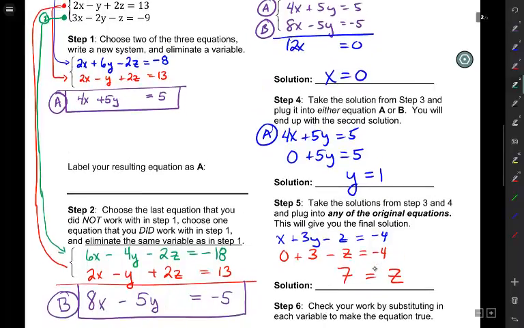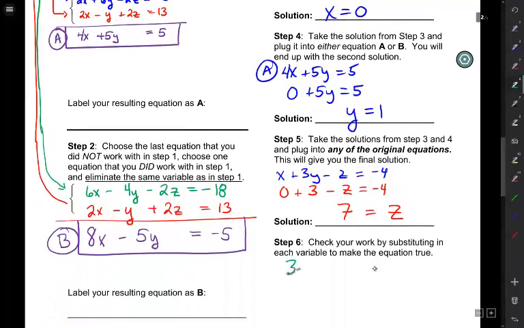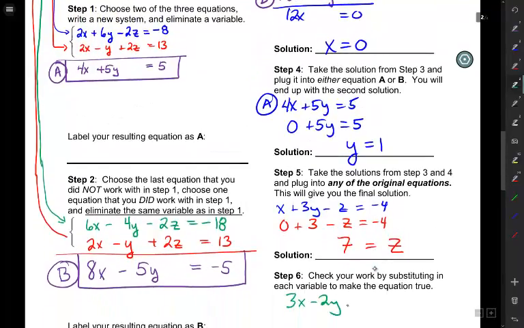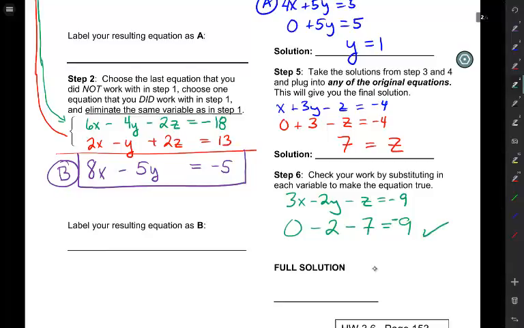Green, okay. 3x minus 2y minus z equals negative 9. Let's plug it in. X equals 0, y equals 1, z equals 7. Is negative 2 minus 7 negative 9? Yes. Could you have checked it with the red equation? Yeah.